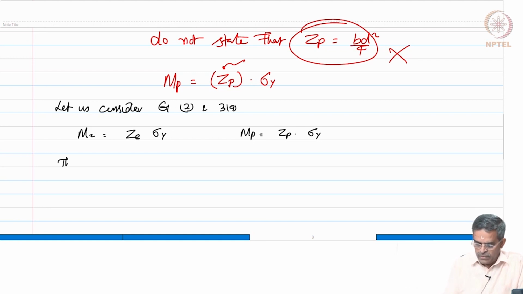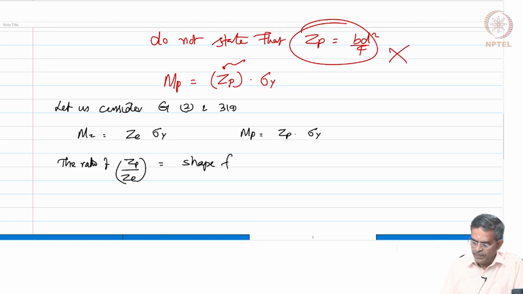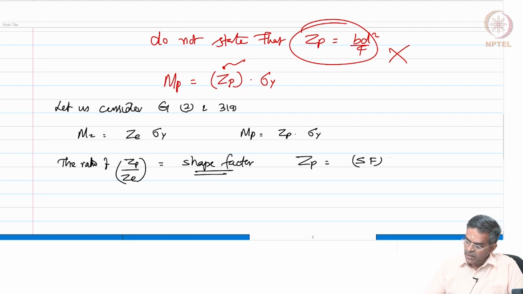The ratio of Zp to Ze is called shape factor. On the other hand, I would say Zp is shape factor multiplied by Ze.